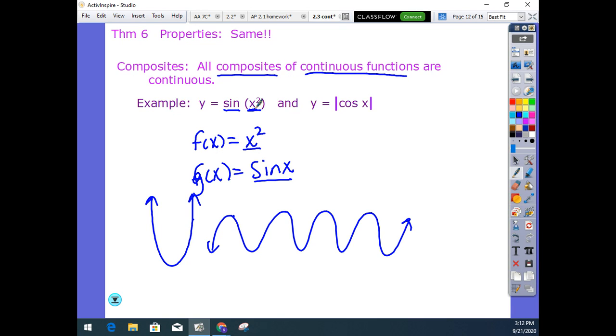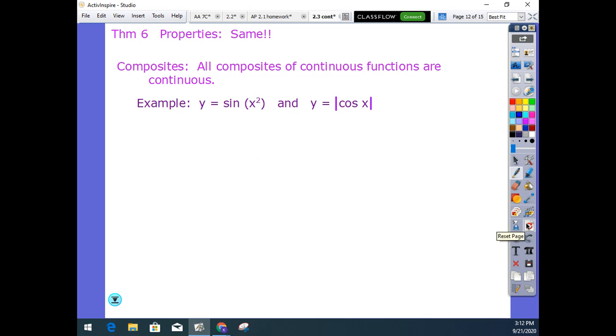Same for the second one. Is cosine continuous? Say g of x is cosine, which is continuous. f of x is the absolute value of x, and absolute value is continuous.